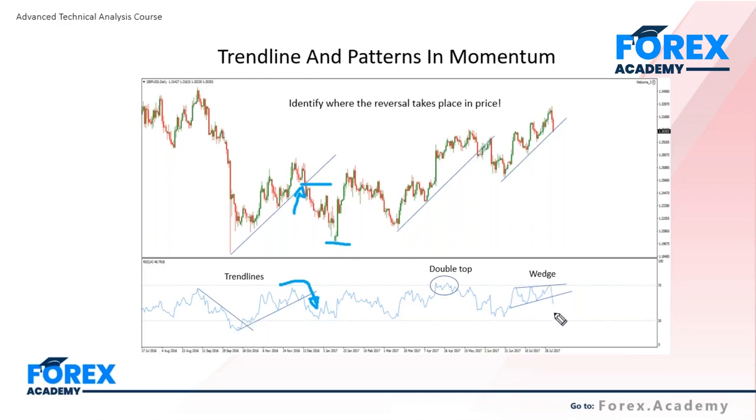We can also apply the same kind of logic with respect to price patterns. Here we can see an identification of a double top at an overbought reading, and perhaps even a wedge, which in this instance sees the oscillator move lower from its overbought extreme.